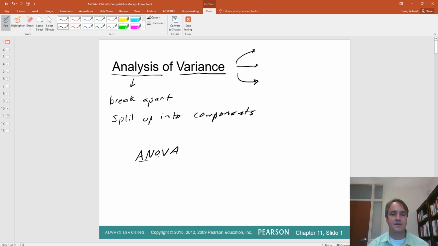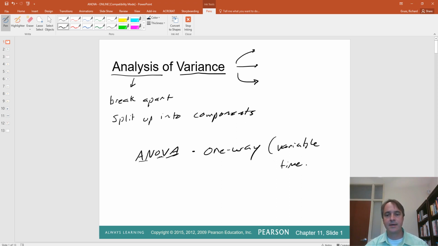In our particular case, we're going to be looking at a one-way ANOVA, which just means that we're looking at a single variable. In our case, we're looking at time, or average time. There are ANOVAs where you can look at two different variables, but ours is just going to be a one-way ANOVA.